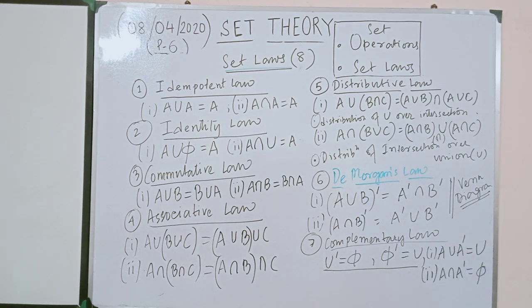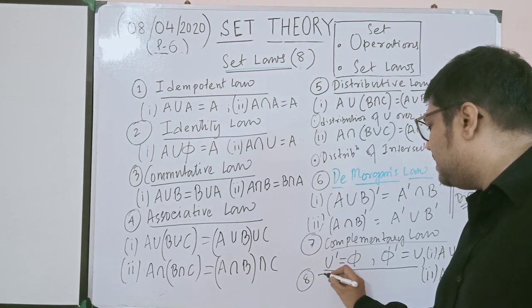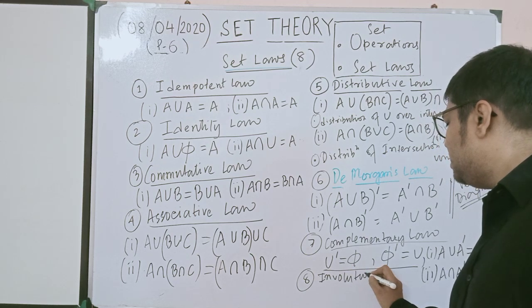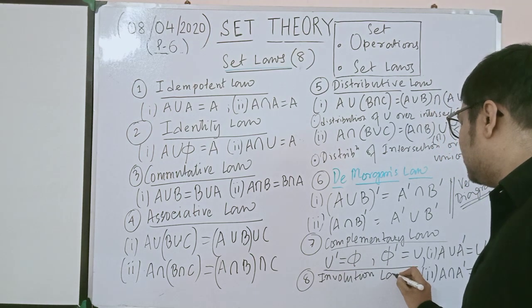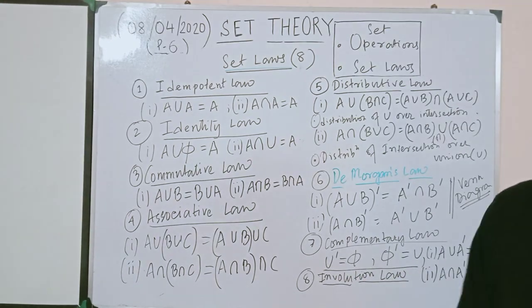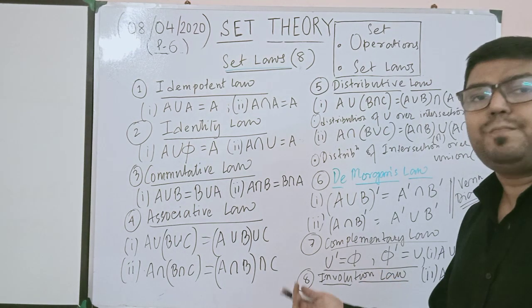So these are the complementary laws, and the last is the involution law. This is the last set law which we learn. It is very easy. Negative, negative, positive.